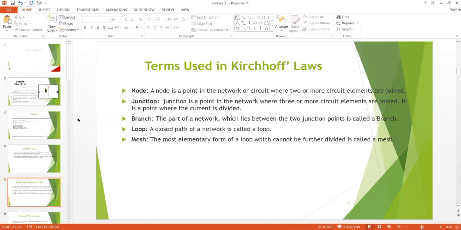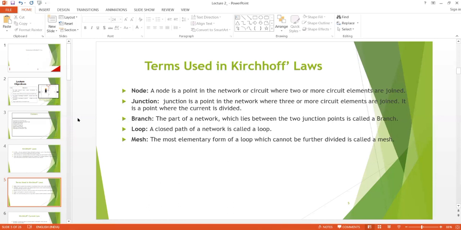Okay, so what we are going to discuss now, node. Node is a point where 2 or more circuit elements are connected, very right. And junction is where 3 or more circuit elements are connected. But over here, you need to understand what elements are. I will discuss in a later slide. If 2 or more branches or 3 or more branches, you will be confused.